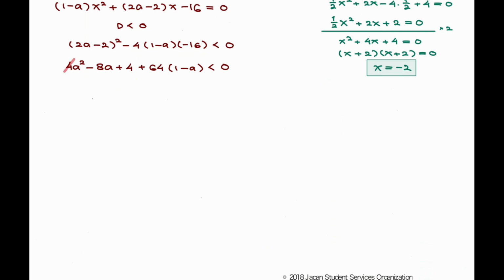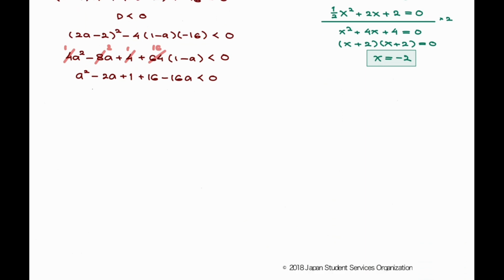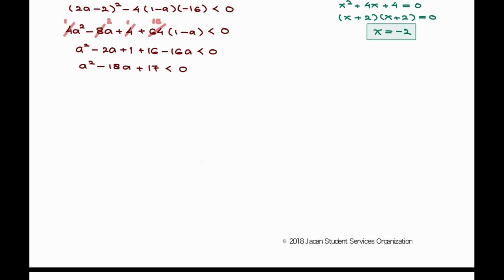Divide by 4 becomes 1, 2, 1, and 16. Then a squared minus 2a plus 1 plus 16 minus 16a less than 0. So a squared minus 18a plus 17 less than 0. If I factorize it, I will get (a minus 17)(a minus 1) less than 0.